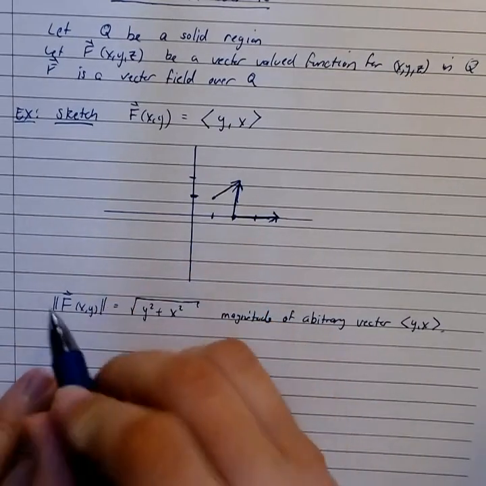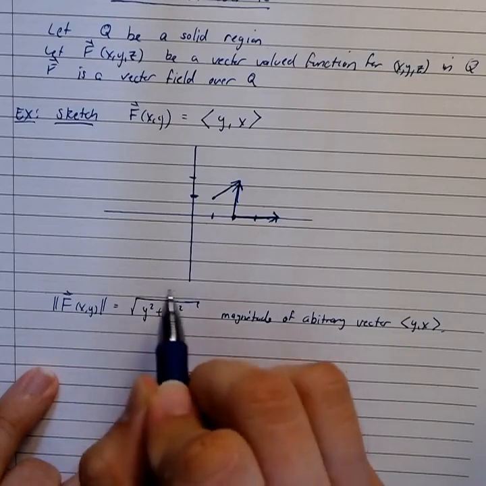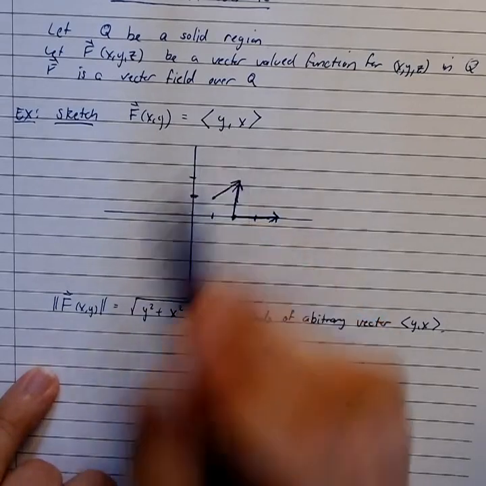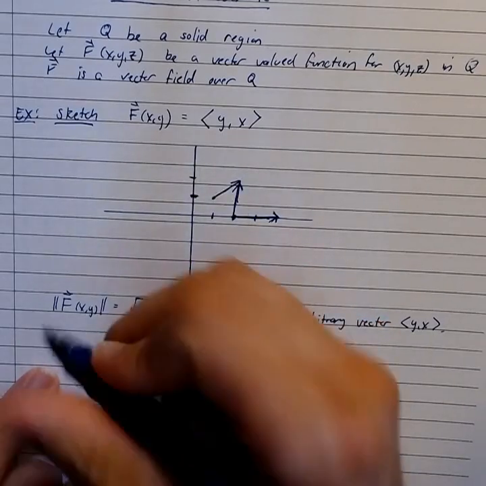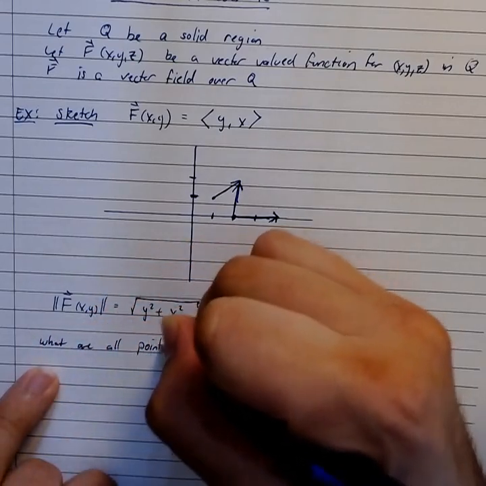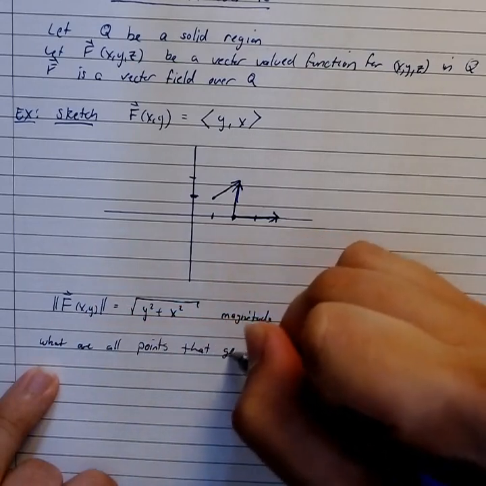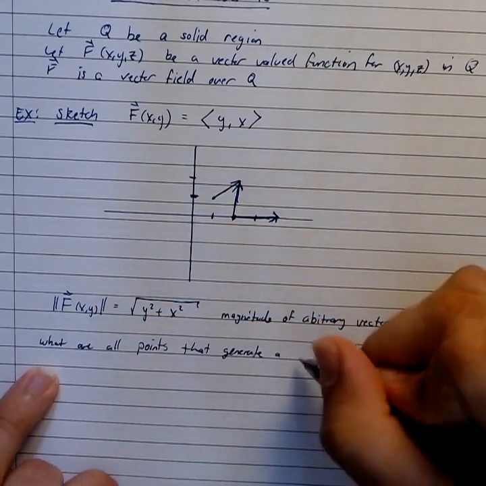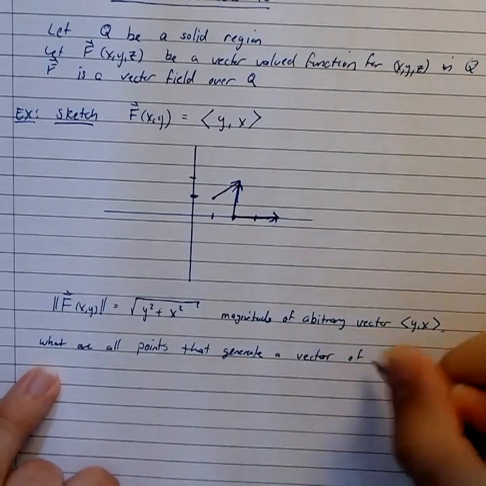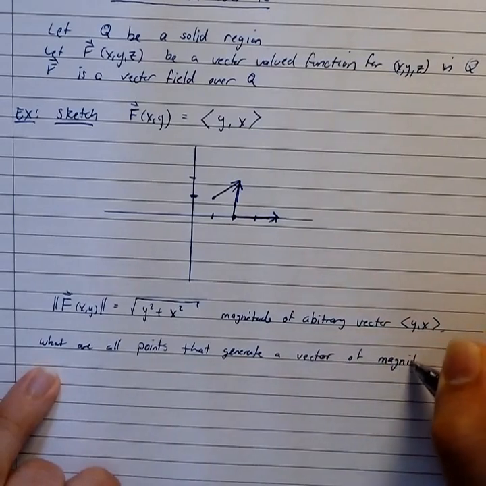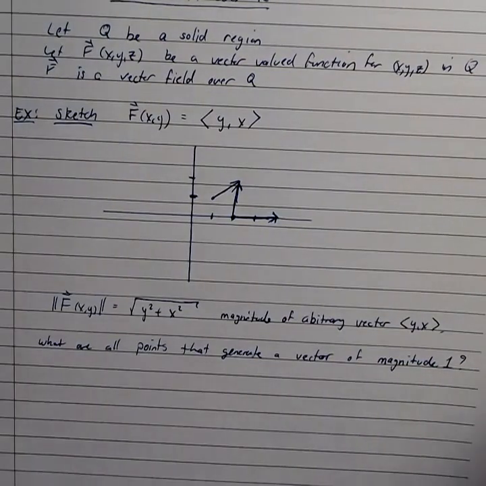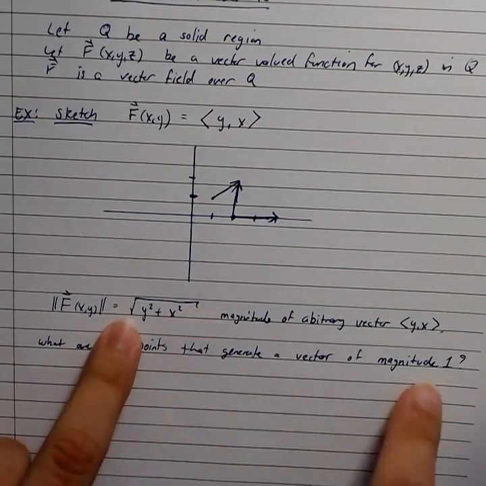So here, what I want to do is find what are all of my points in my region, in my xy plane, that would generate a vector of magnitude 1. Which is just a matter of taking this expression and setting it equal to 1.